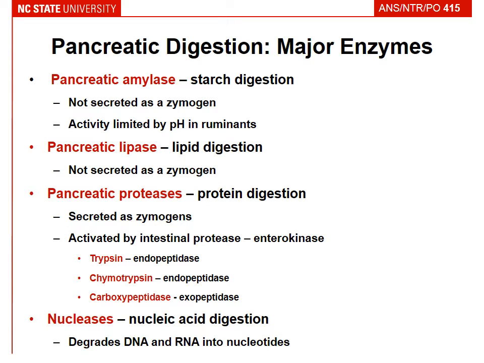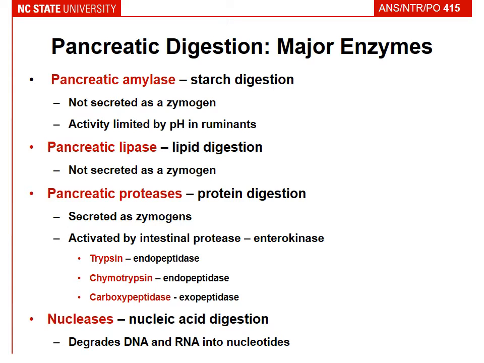Some of the major enzymes that we have: pancreatic amylase is required for starch digestion. It is not secreted as a zymogen, and it has limited activity by the pH in the ruminants. We have optimal levels at which each enzyme is able to work.